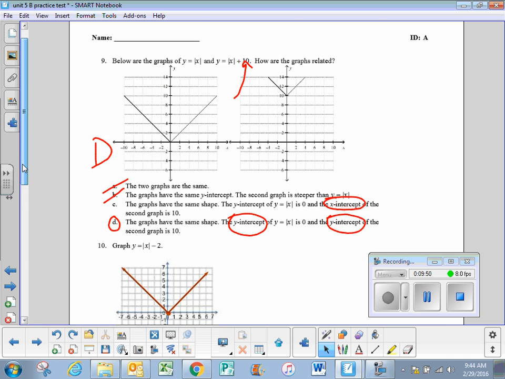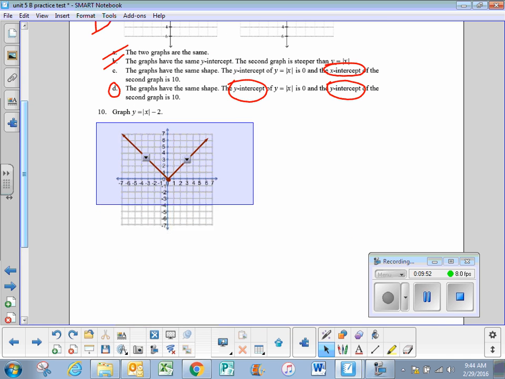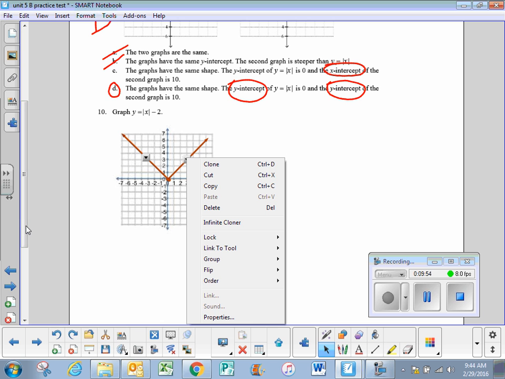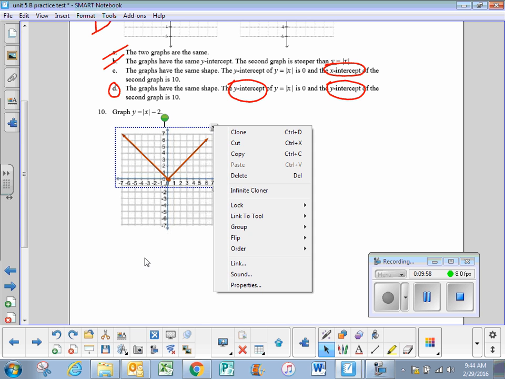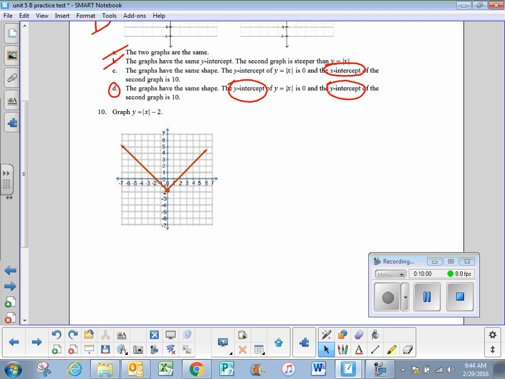Now we're going to group these because this is our parent function. It's the one we're going to see a lot. So we're going to group it and we're going to copy. In this case, this one would be at -2. It'd be the exact same function, up 1 over 1, or up 1, back 1, and then right there.